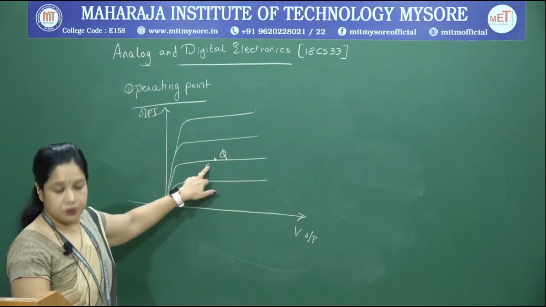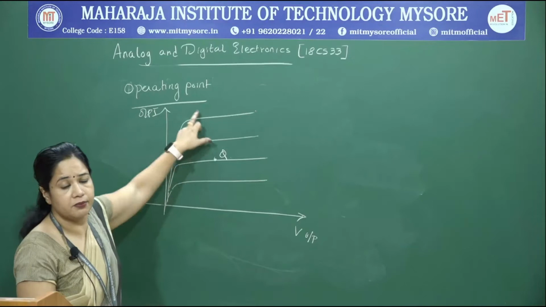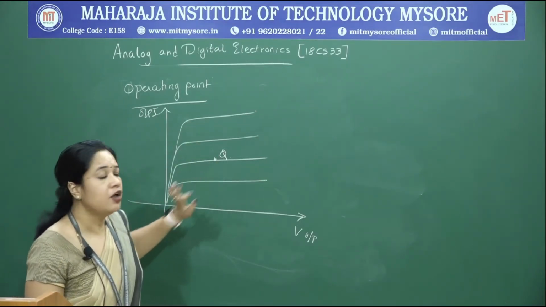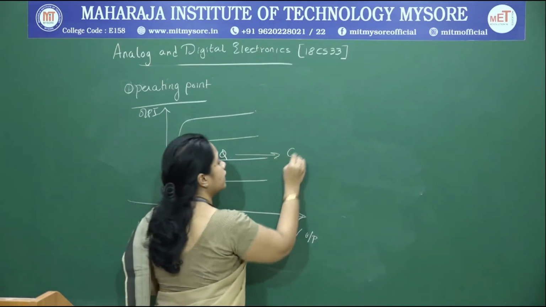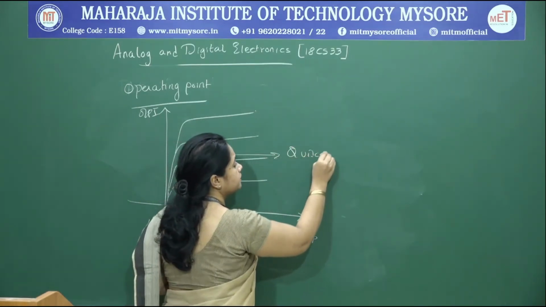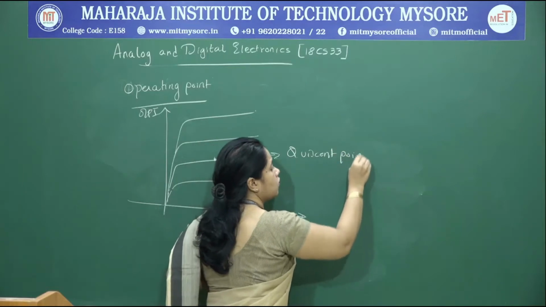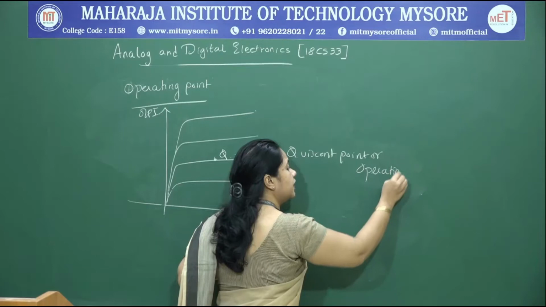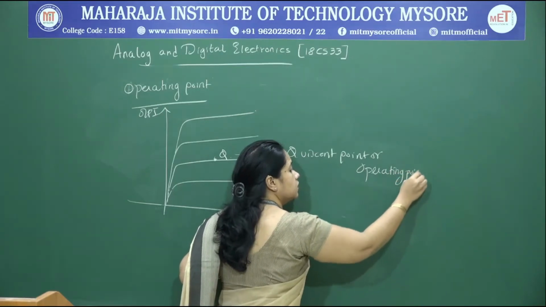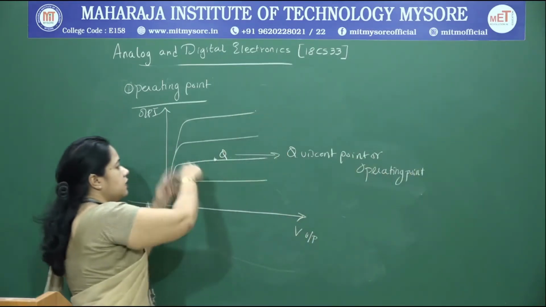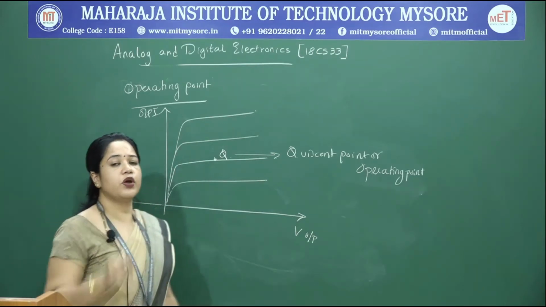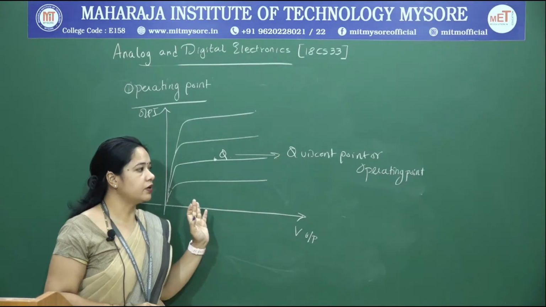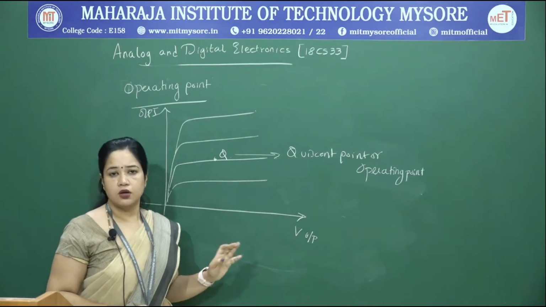This point in the middle of your active region, where faithful amplification is obtained, we call the Q point, quiescent point, or the operating point. So, around the center of the active region, we determine the Q point wherein faithful amplification is done, and we term this point the Q point, operating point, or quiescent point.